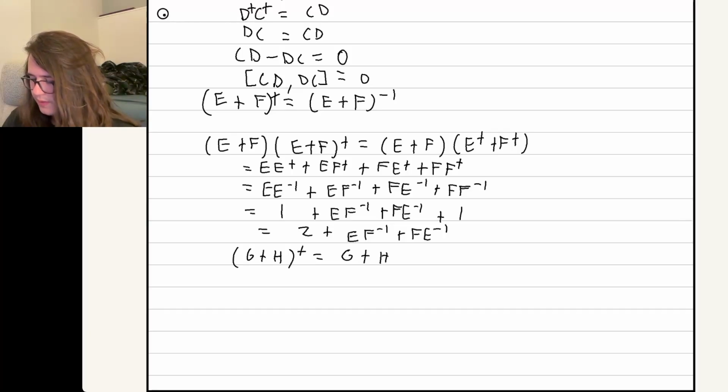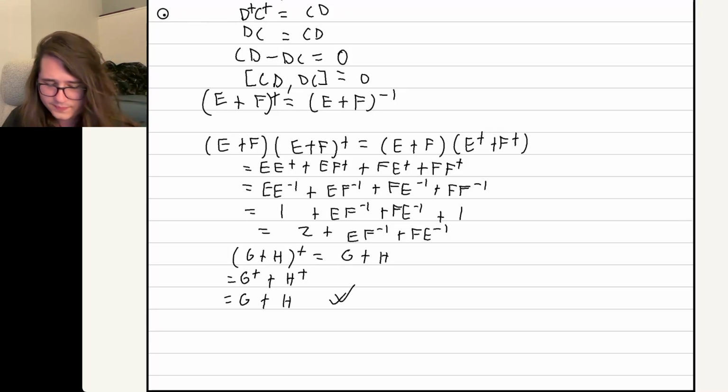The way to check this is to just distribute the Hermitian conjugate to G and H. So we get G dagger plus H dagger. And so, yeah, these are both Hermitian matrices, so this is just G plus H. So, yeah, it's still Hermitian. Cool.